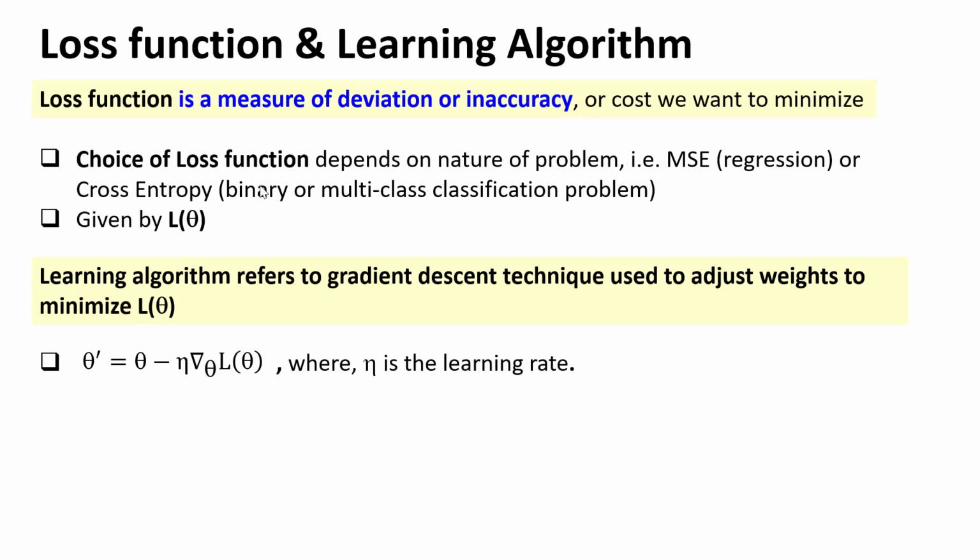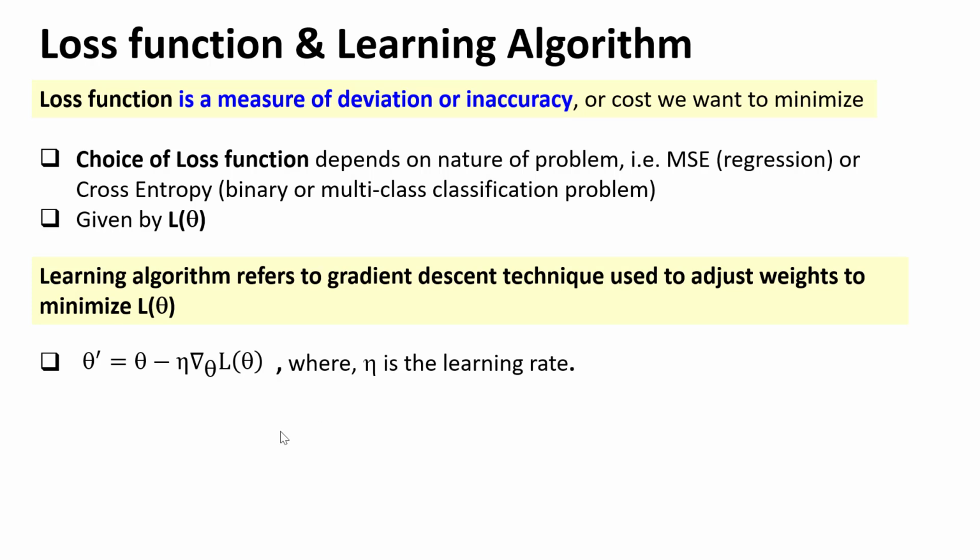The learning algorithm here refers to the gradient descent technique used to adjust the weights to minimize L of theta. Since L of theta is a measure of deviation, we want to ensure that the cost, or L of theta, is minimized. And the direction of training of weights is in the direction of decreasing L of theta, and is given by theta dash, which is the new parameter set of the neural network, related to theta minus eta times the gradient of L of theta, where eta is a learning rate.